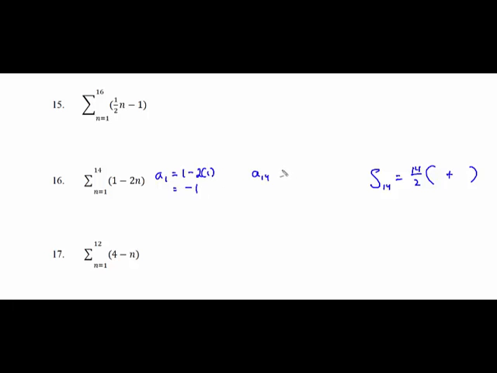And here I'm going to use 1 minus 2 times 14. So that's 1 minus 28, which is negative 27. So here I have a negative 1, and here I have a negative 27. If I add these together, I get negative 28. Negative 28 times 7, or 14 divided by 2, is negative 196. This would be the sum of the first 14 terms in this arithmetic series based on that equation.